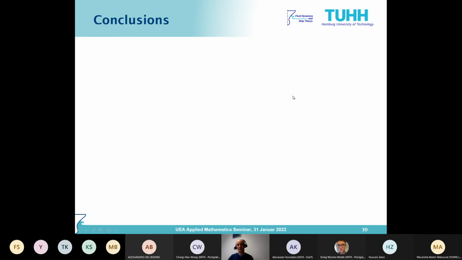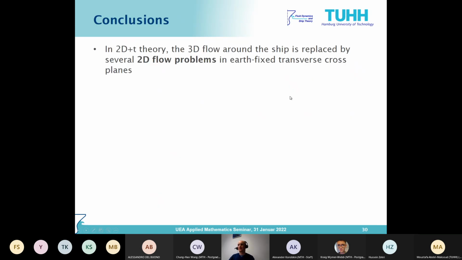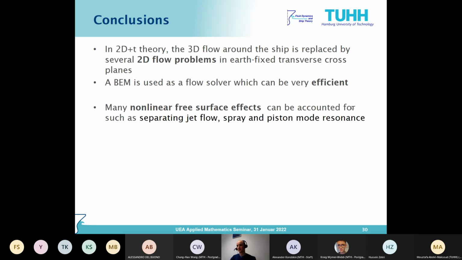Okay, let me come to the conclusion now. In 2D+t theory, the 3D flow around the ship hull is replaced by several 2D flow problems in Earth-fixed transverse crossplanes. A boundary element method is used as a flow solver, and this can be very efficient, especially compared to finite volume methods.